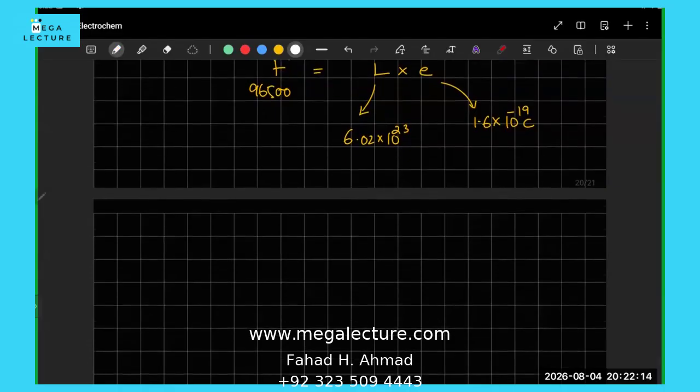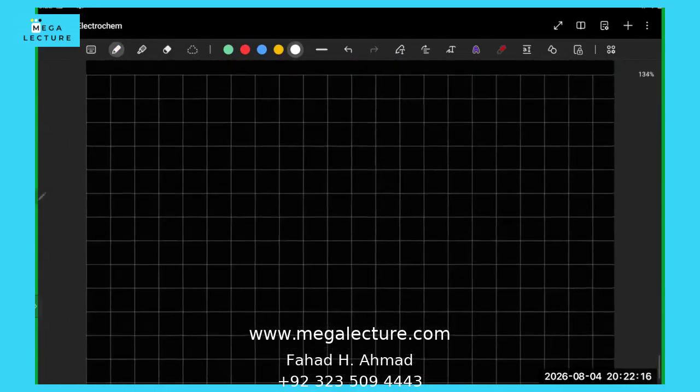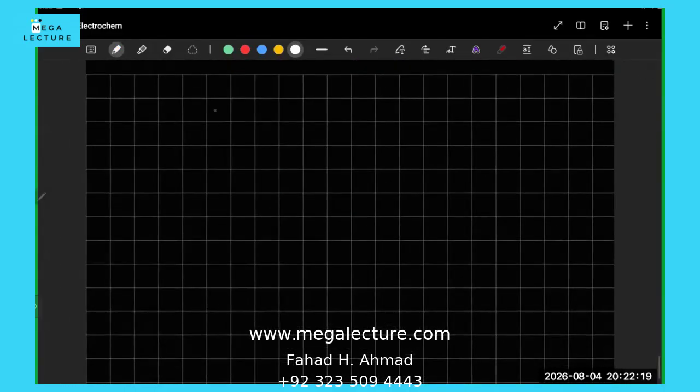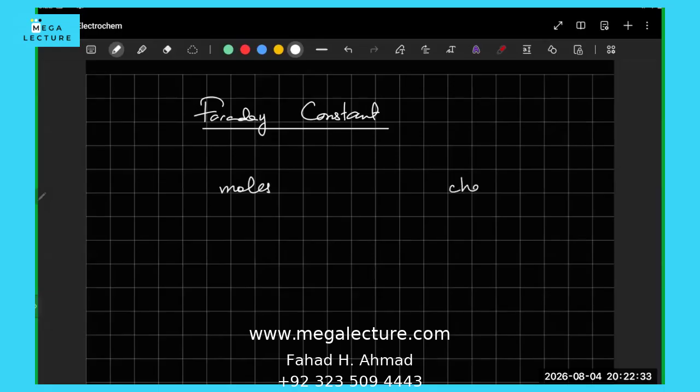So now, how do we use this Faraday constant? Faraday constant is used for the moles to charge conversion.